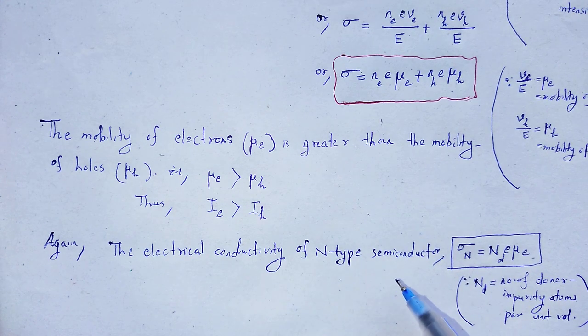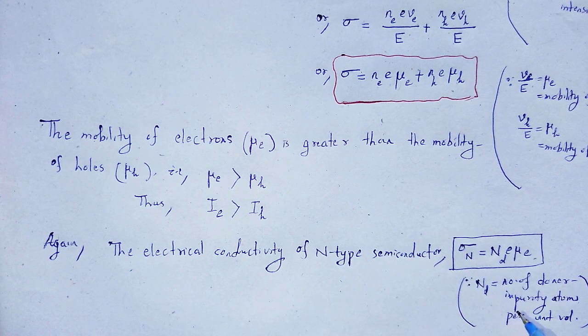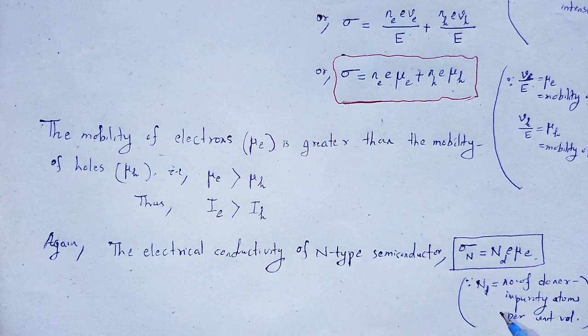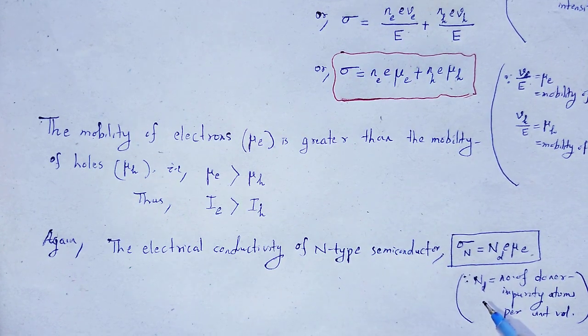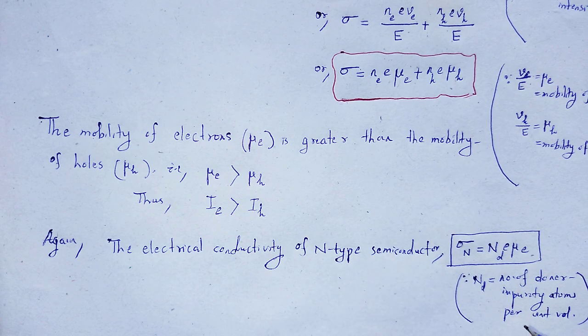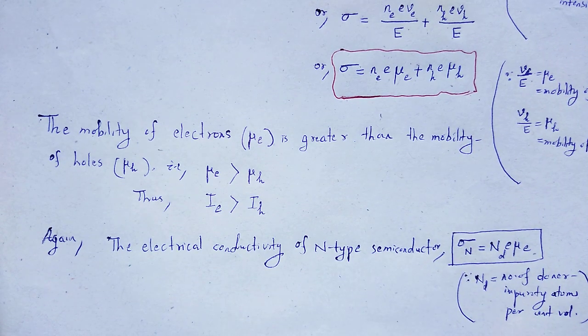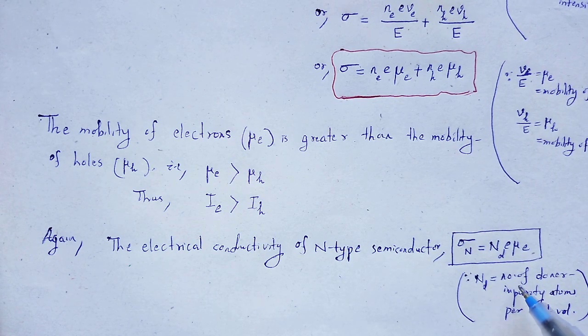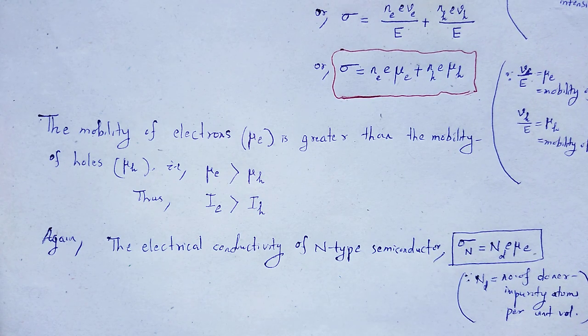In n-type semiconductor, we use the donor, which is a pentavalent donor, and free electrons are the charge carrier in n-type semiconductors. So, the factor Nd is the number of donor impurity atoms per unit volume.